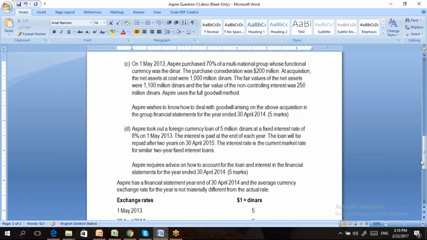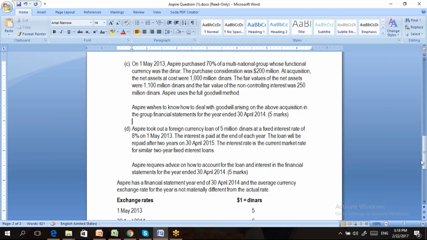I probably would have made a mistake there and done it by 6. We will do that later, but first of all, convert it at the starting rate. First, look at the goodwill asset on the day of acquisition. Once the goodwill's worked out, then it's converted. First calculate the goodwill in the foreign currency.